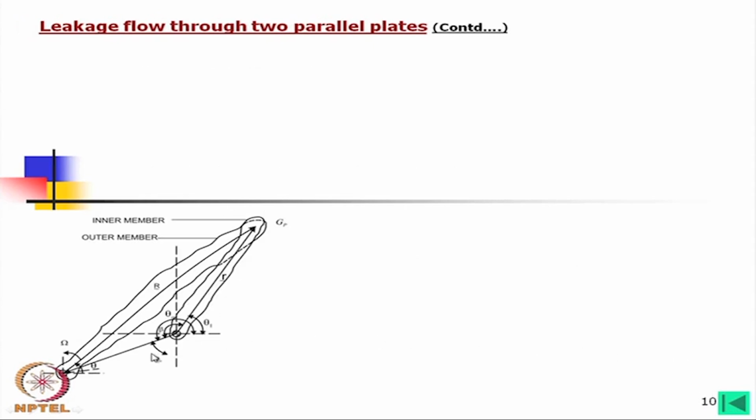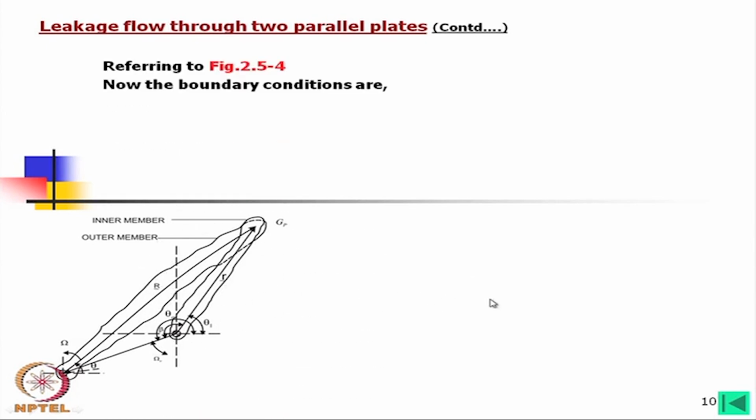Now, again coming to the motion of this plate over the other, what will be the boundary condition now at z is equal to 0? In this case, we are considering the capillary passage, and the capillary gap is in the z direction. So, at z is equal to 0, both u is equal to 0 and v is equal to 0.